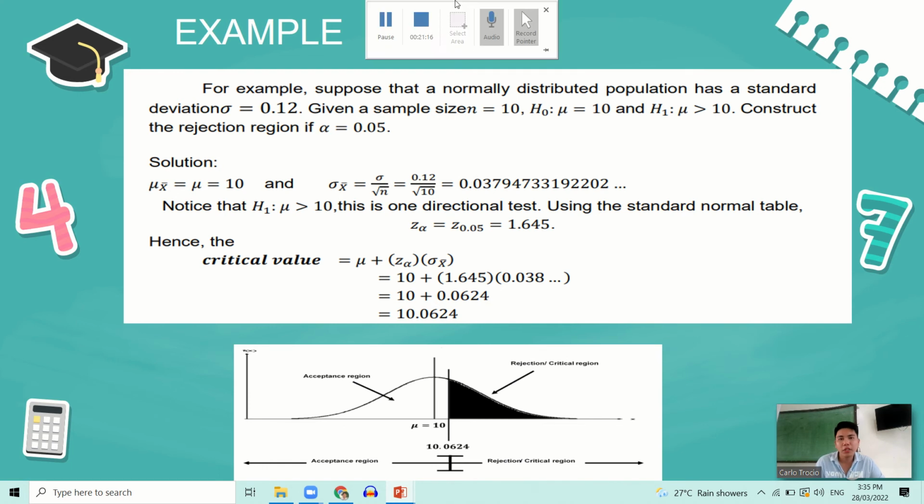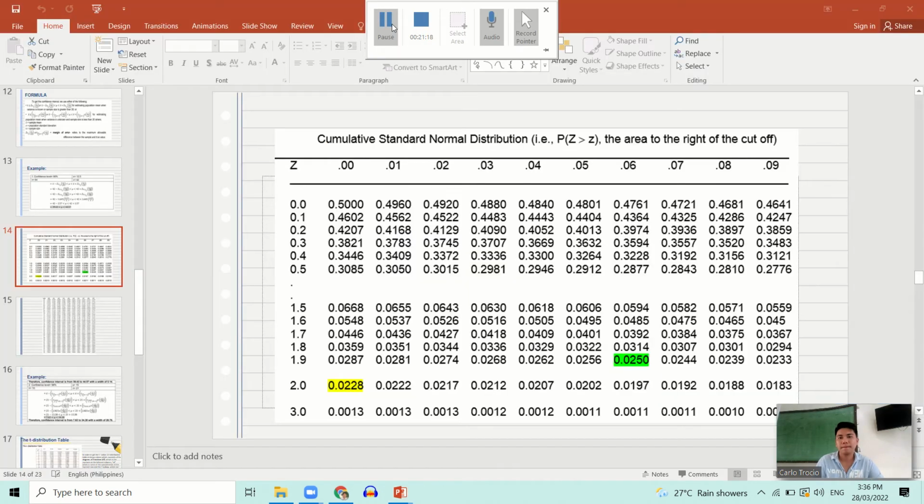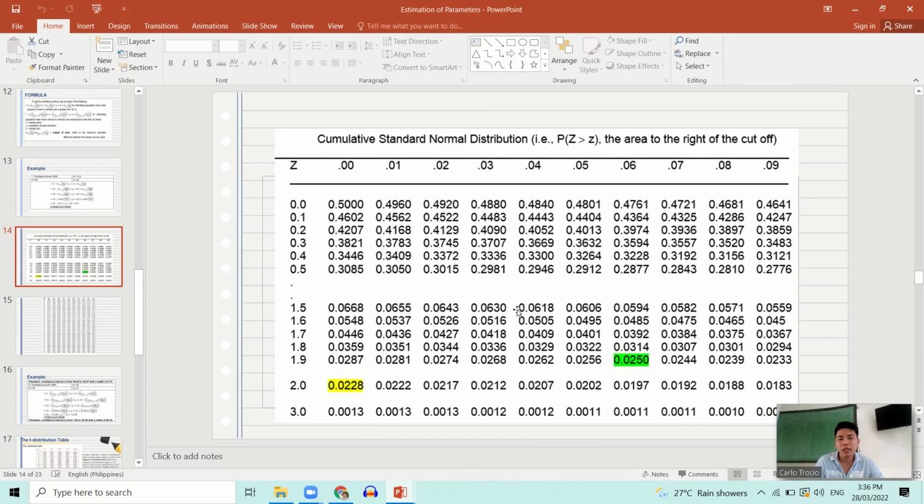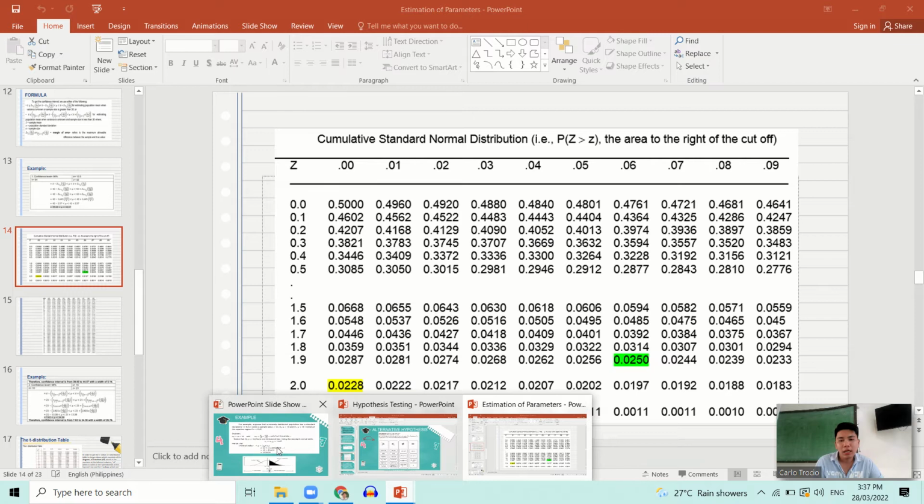Hold on, let me pause the video and show you. So here, you have 0.05 in the Z table. You use the cumulative standard normal distribution. We already solved it in the second video. This is at the center, so 0.05 is somewhere here, and the Z value is 1.645.